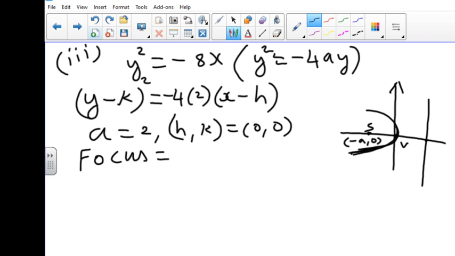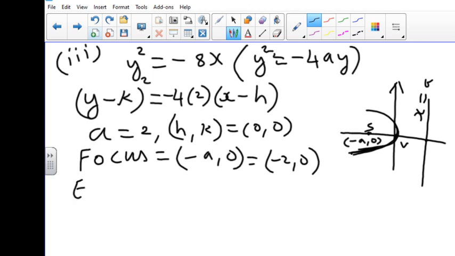So we have here x is equal to a. Therefore, what about the focus here? The focus is minus a comma 0, and a here is 2, so minus 2 comma 0.